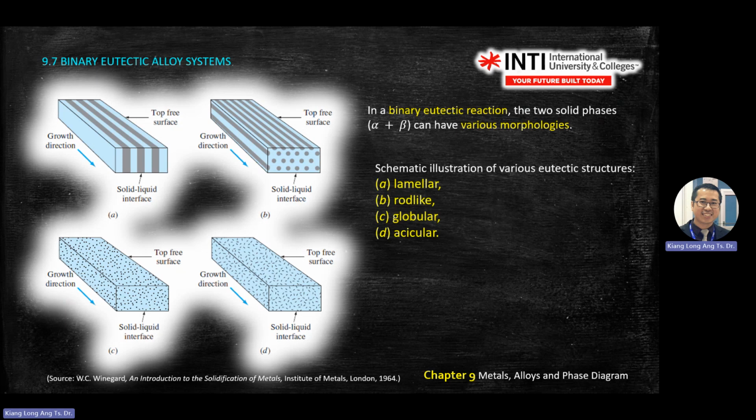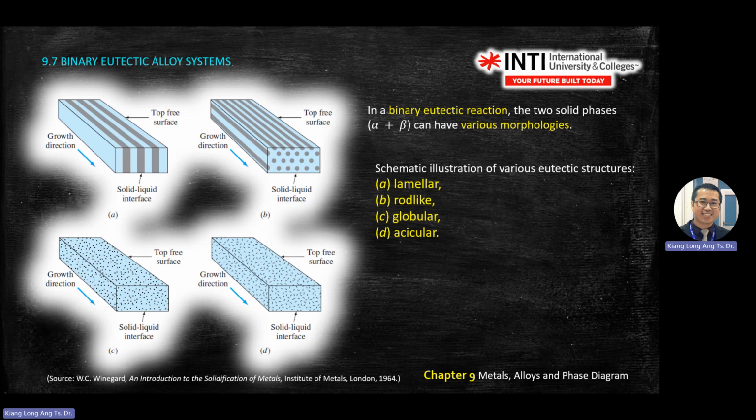So the eutectic structure depends on how you control the process. We don't go deep into the chemical process or how you control it. As long as you know, the first is called lamina, the second is rod type, this is globular, and this is acicular.